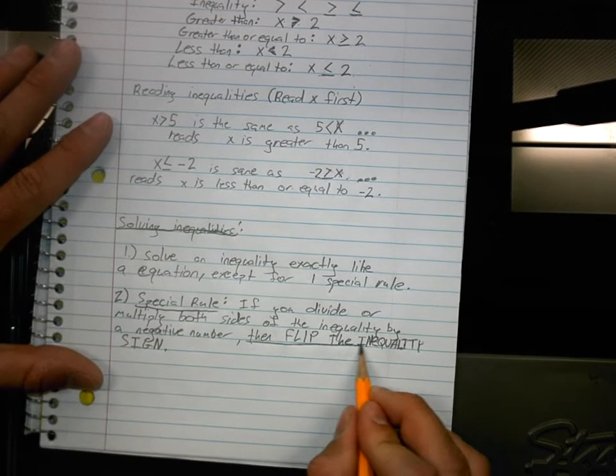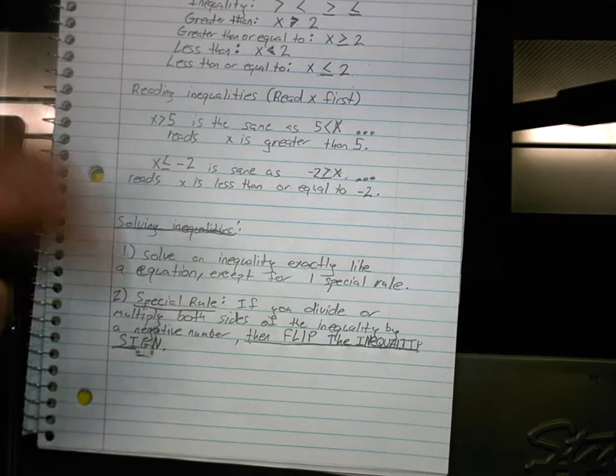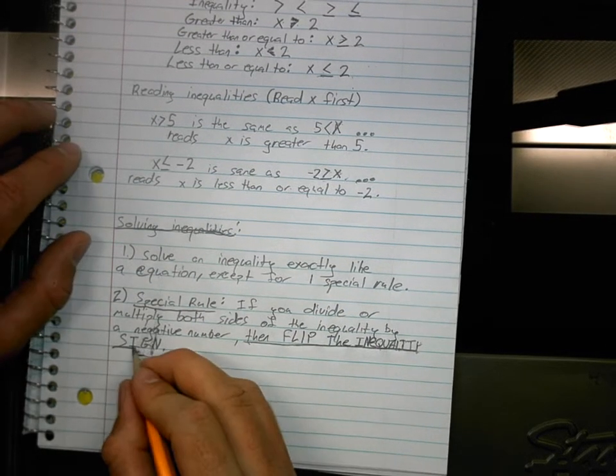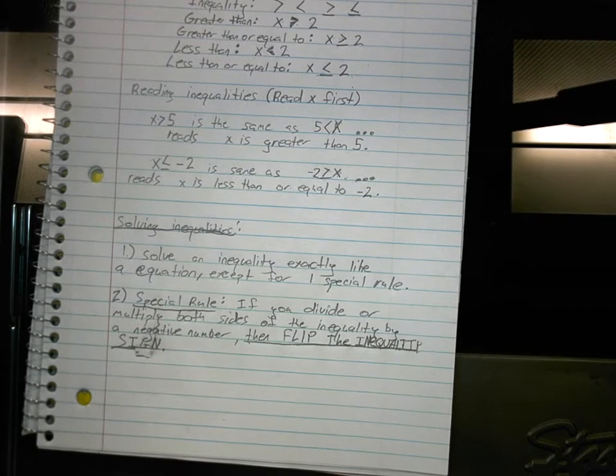So if you divide or multiply both sides of the inequality by a negative number, you must flip the inequality sign.